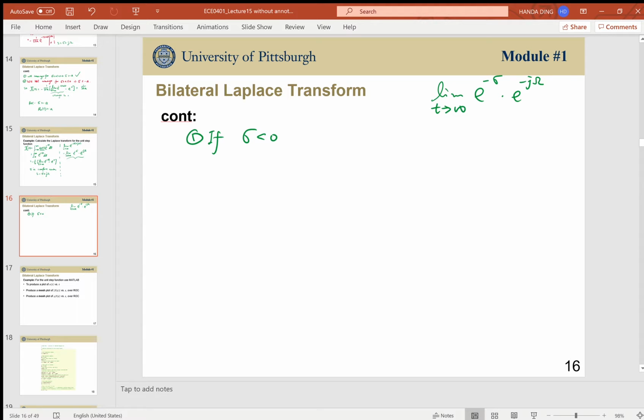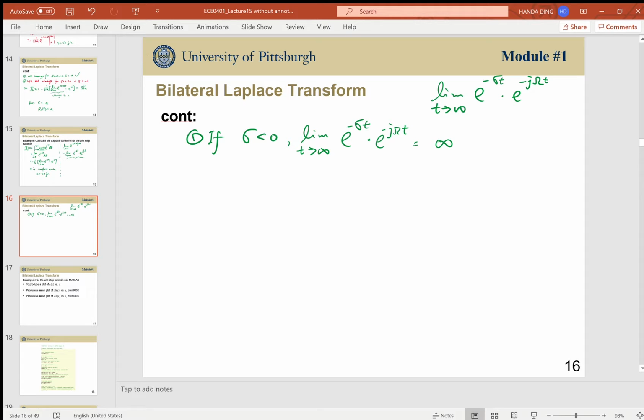If sigma is less than 0, we should have t here, right? This is definitely infinite.